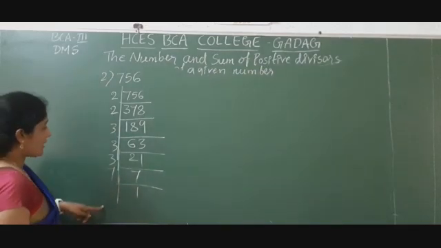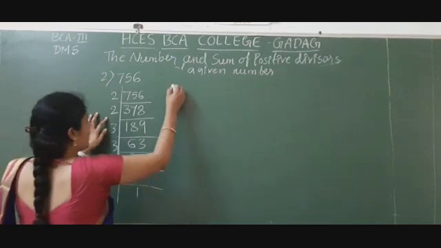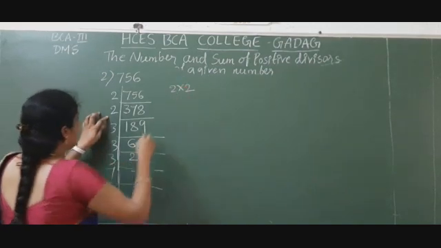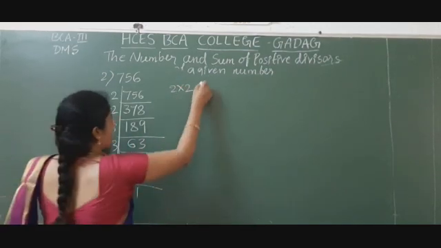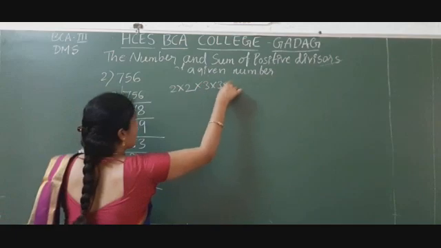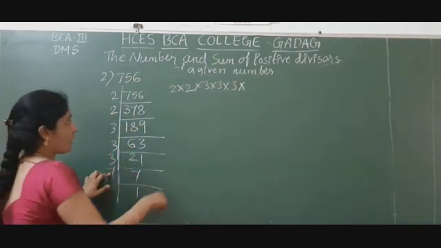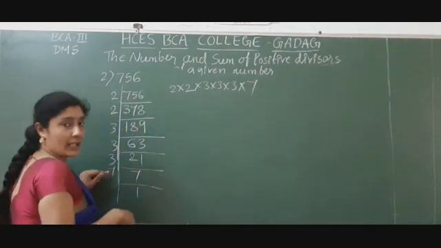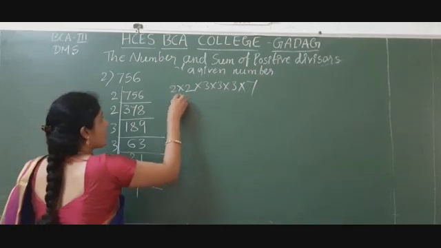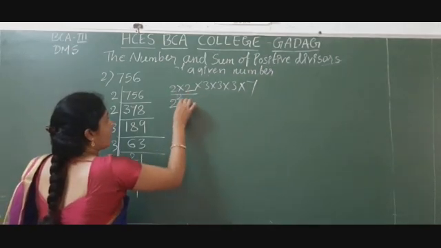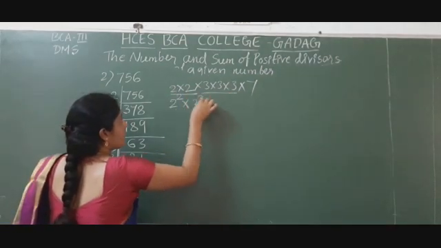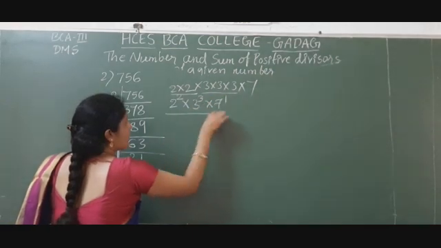So these are the divisors. Okay, let us write this. 2 into 2, 3 comes 3 times, 3 into 3 into 3, 7 comes 1 time, so this is 7. And I can write this as 2 raised to 2 into 3 raised to 3 into 7 raised to 1.